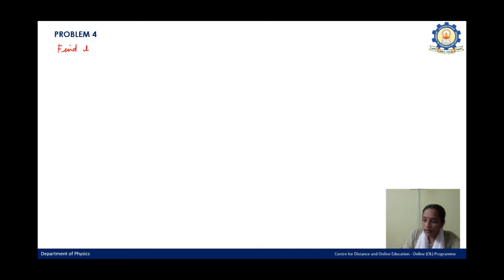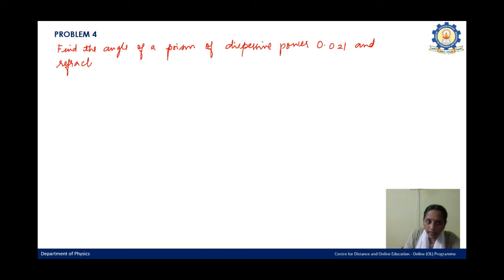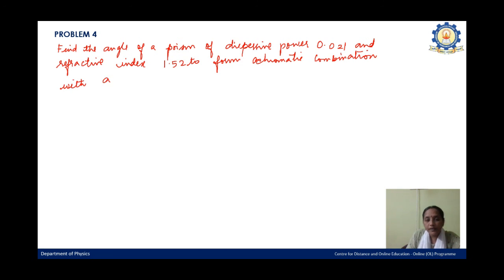Find the angle of a prism of dispersive power 0.021 and refractive index 1.52 to form an achromatic combination with a prism of angle 4.2 degree, and the dispersive power is also given in this problem.